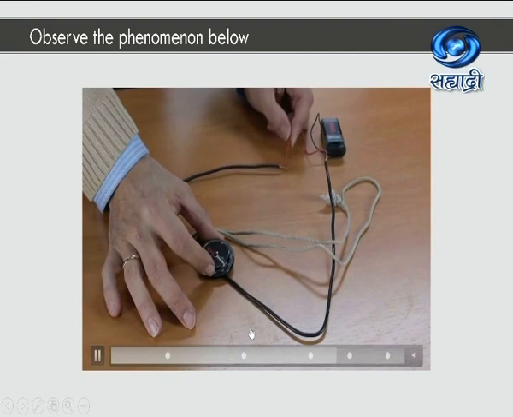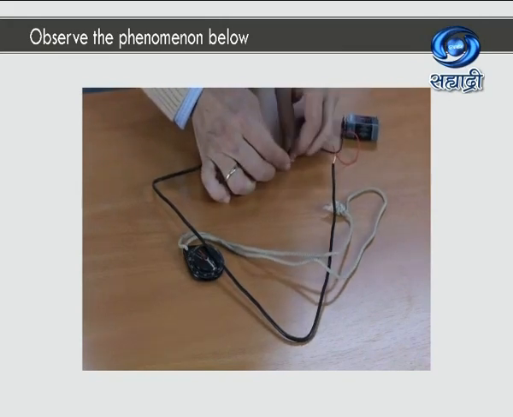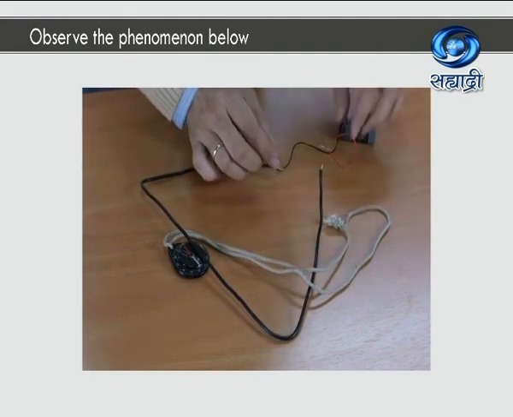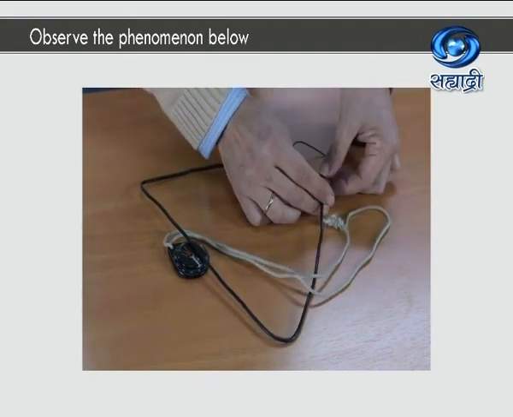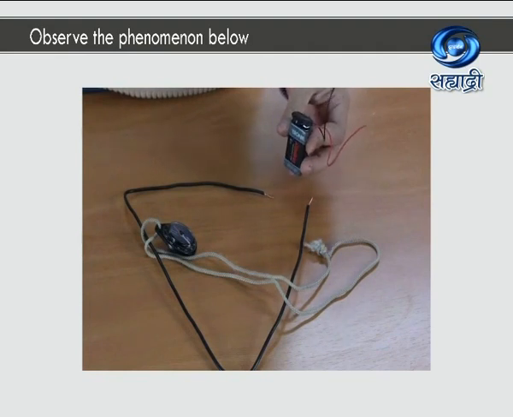As soon as current flows through the wire, the deflection is to the left hand side now. That means deflection below was to the right, above it is to the left. In the later part, we reverse the direction of current flow. Here, the needle is below the wire. In the previous case, deflection was to the right. Now, the deflection is to the left.